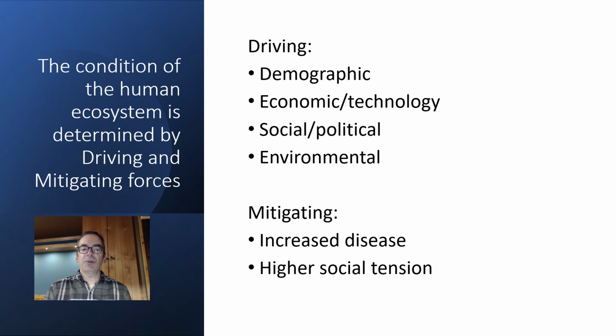So we've got large populations of people that can do different things to the environment. And we just mentioned the economy, how that can really drive what we do to the environment, as well as technology. I also mentioned social, and usually you can't talk about the social without talking about the political. And then of course you have environmental issues that are driving us to do different things.